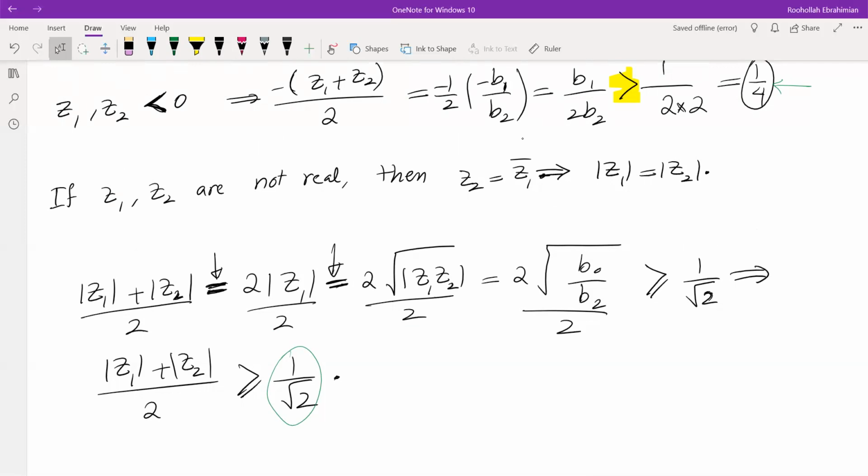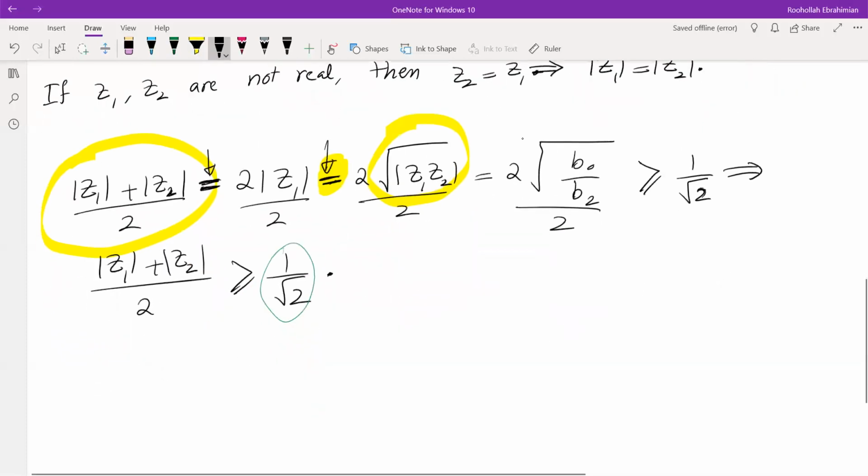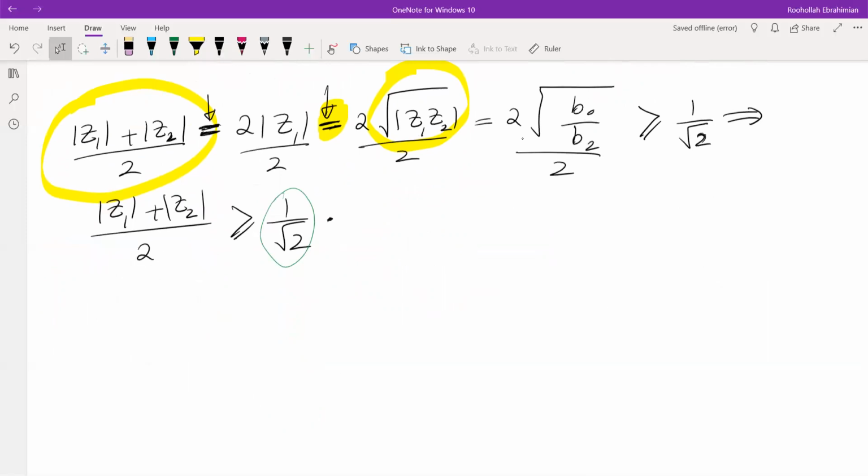But I do see there's a relation here, because looking at this part, this is an arithmetic mean, and looking at this part, this is the geometric mean. And if you aren't familiar with this, let me remind you of an important inequality.